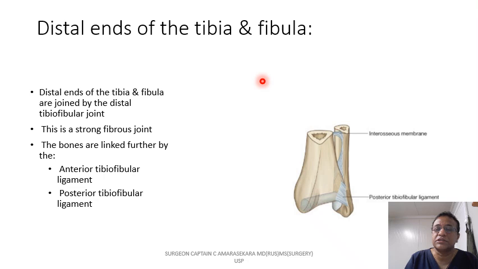Another structure is the interosseous membrane. So these are the important points of the distal end of tibia and fibula. The anterior tibiofibular ligament supports during dorsiflexion, and the posterior tibiofibular ligament prevents the posterior movement of the fibula.